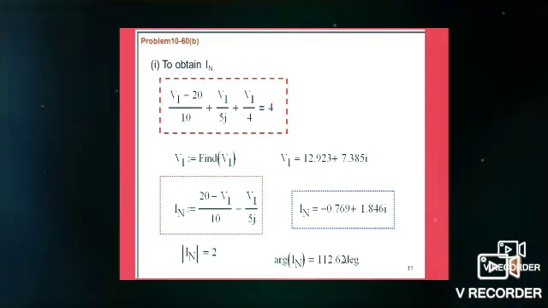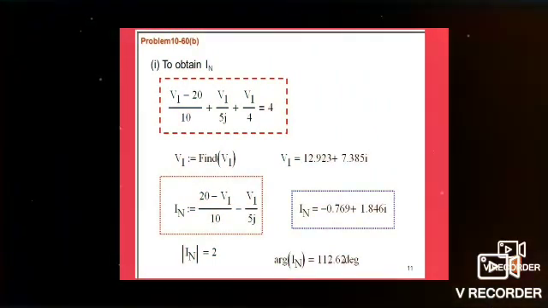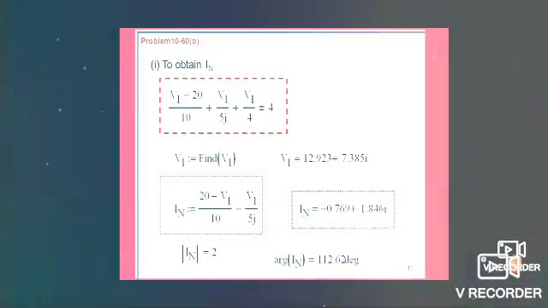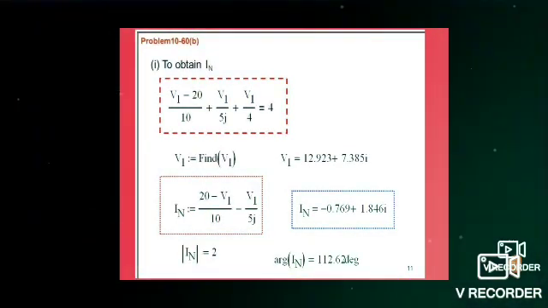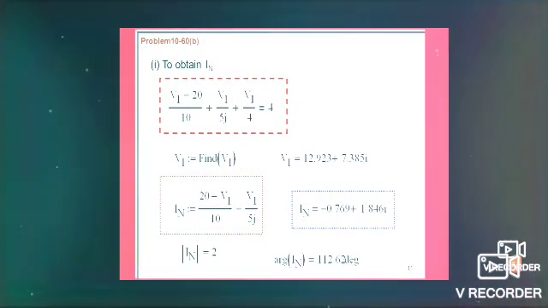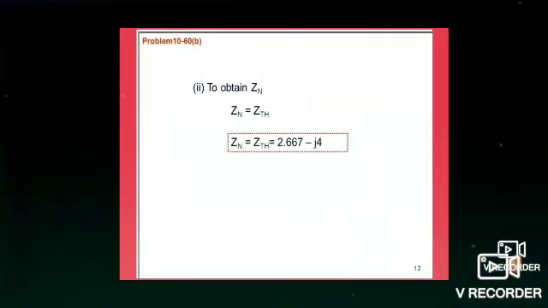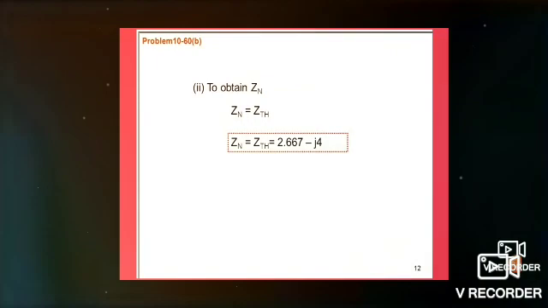Therefore, the value of IN is minus 0.769 plus 1.846 J. If you convert it into polar form, the magnitude of IN is 2 ampere and the angle is 112.62 degree. Now we have to find the value of Zn, that is ZTH, which is equal to 2.667 minus J4.